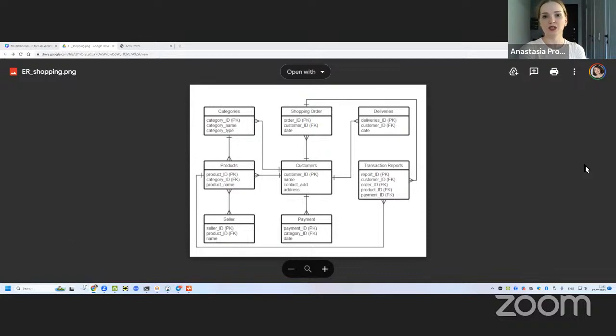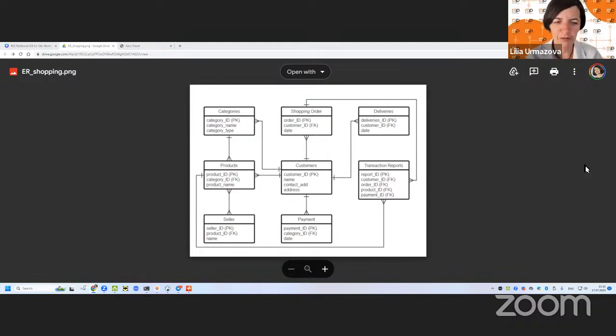For example, we put the order ID in the deliveries table and connect them. But we couldn't decide yet what the connection should be, one to many or many to many, because we have different situations. So I don't think we can conclude according to this situation.